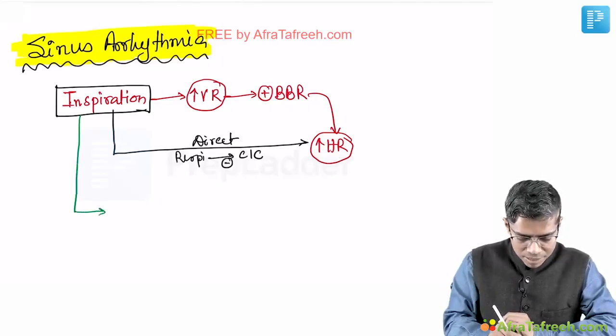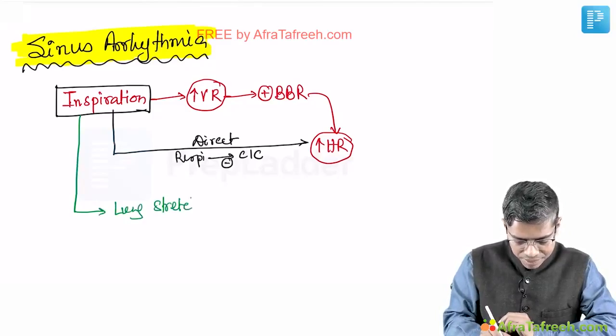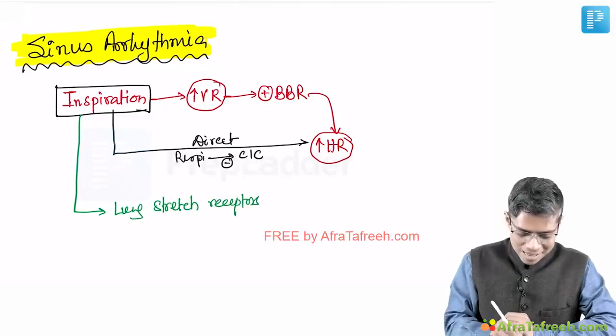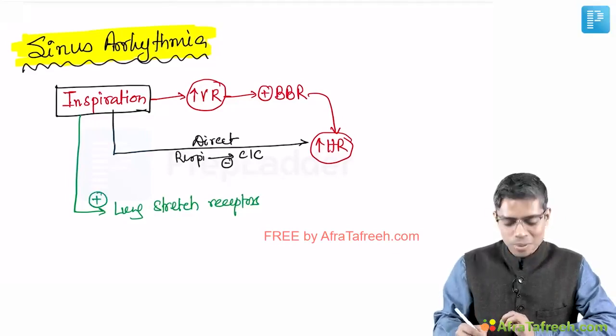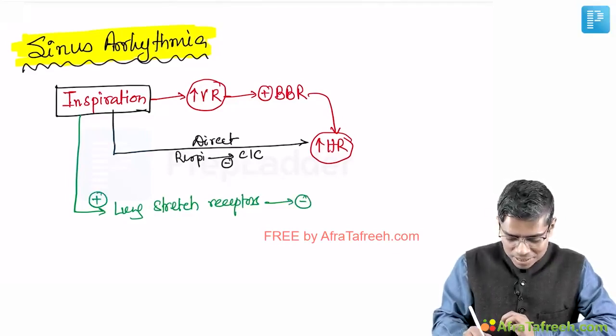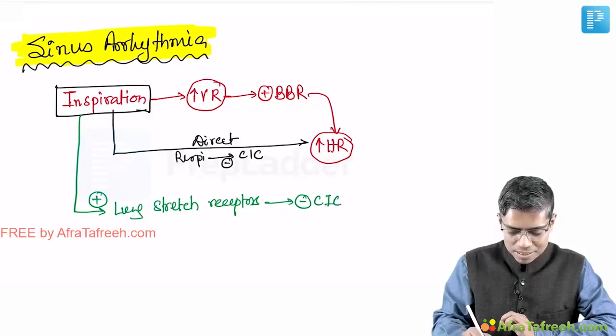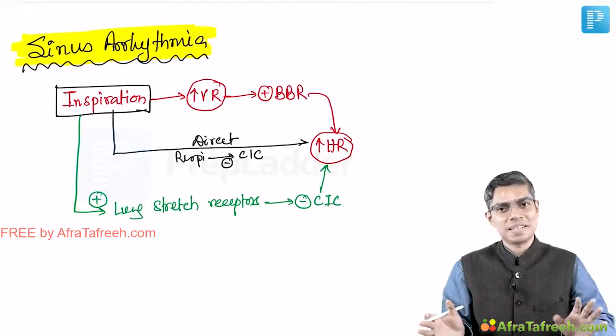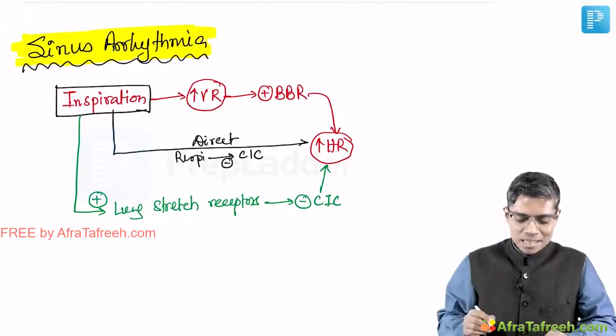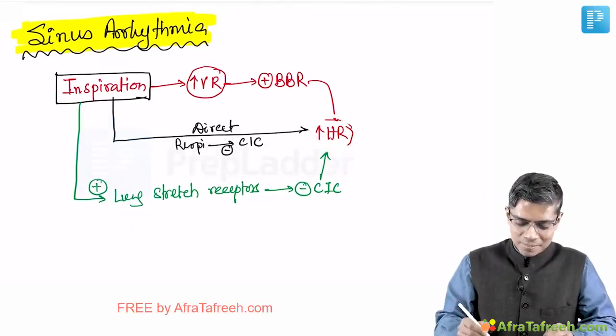There will be expansion of the lung, so the lung stretch receptors will be activated, and we have seen that they also inhibit the CIC, cardiac inhibitory center, and that will also lead to increase in heart rate. So during inspiration, there is increase in heart rate.